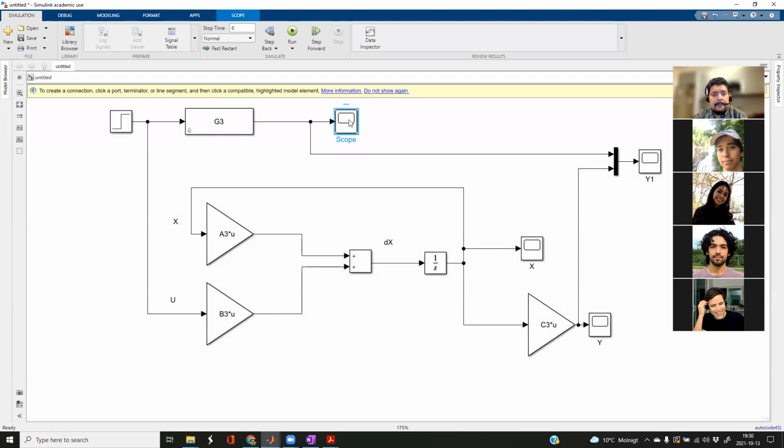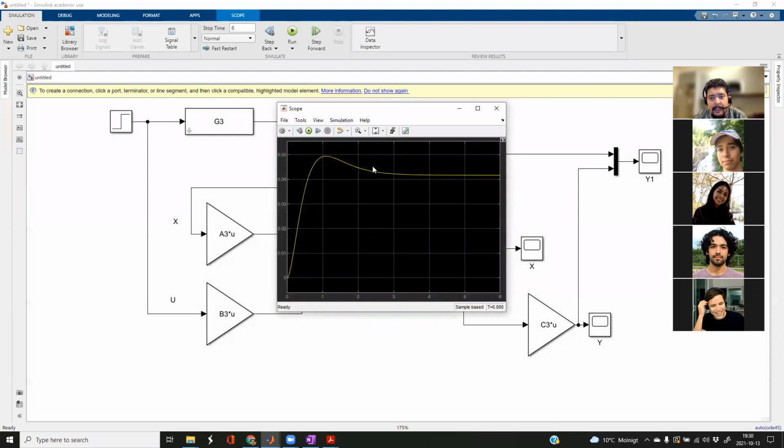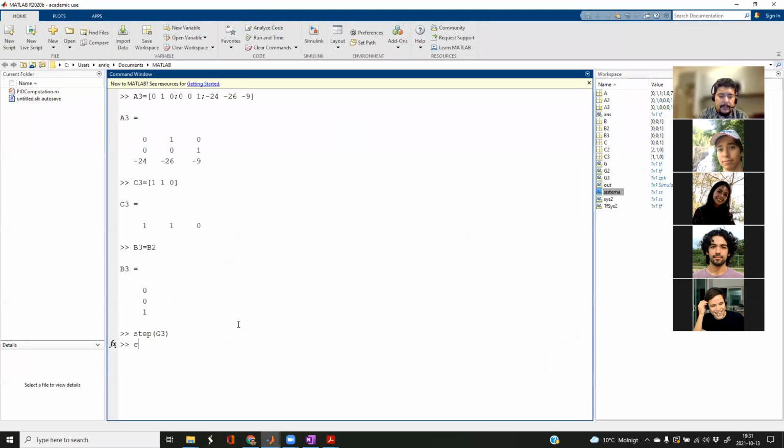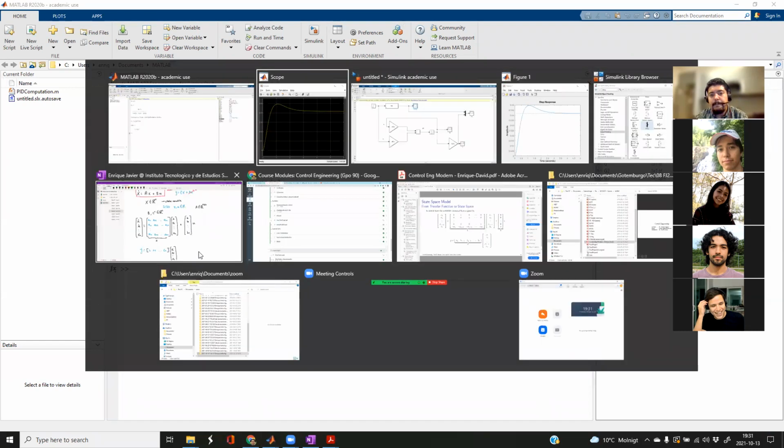So as we said, the output of the system in open loop is close to 0.04. That, of course, corresponds to 1 divided by 2 times 3 times 4. So 0.0417. Okay.